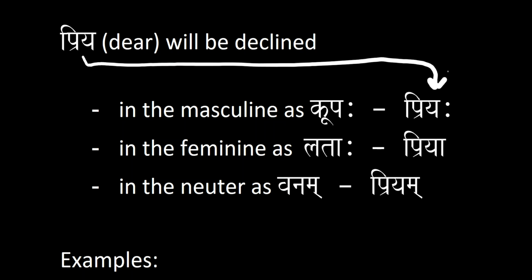For a feminine noun, you change priya into priya with a long a, so you could decline it like lataha. And as a neuter noun, you would change priya into priyam so that you could decline it as vanam.